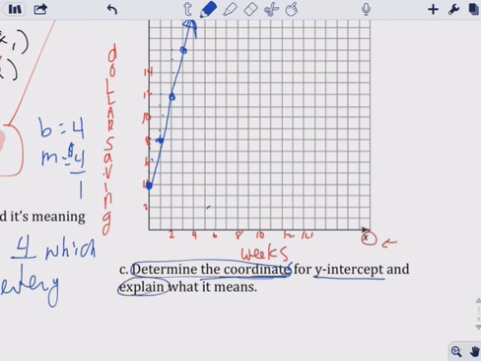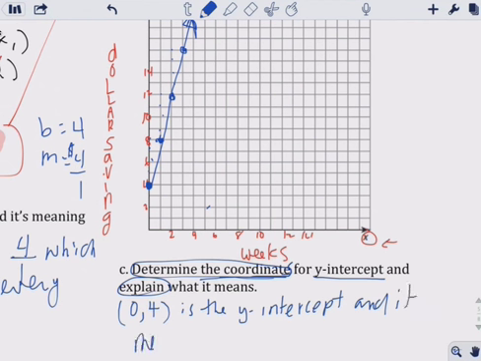Okay. The y-intercept, you guys, is 4. You know it's 4, but its coordinate is 0, 4. That is the y-intercept. And it means this is week, this is dollar.